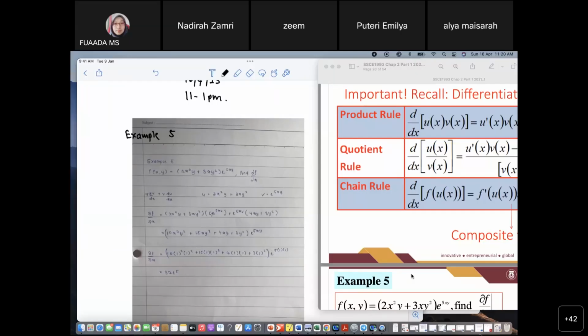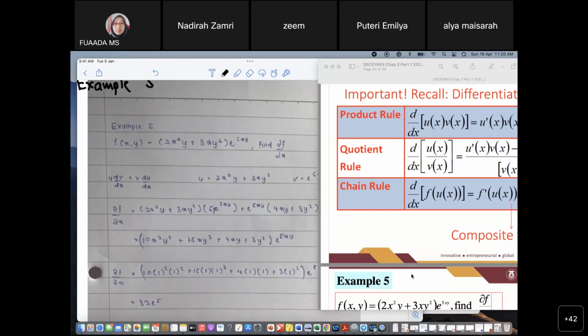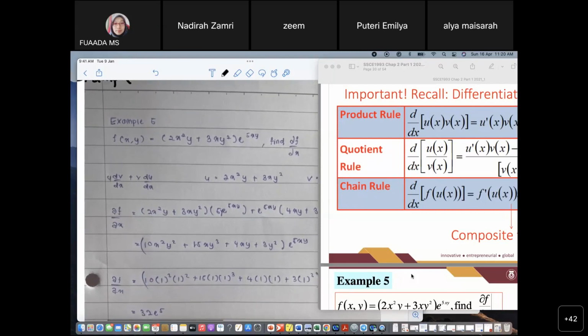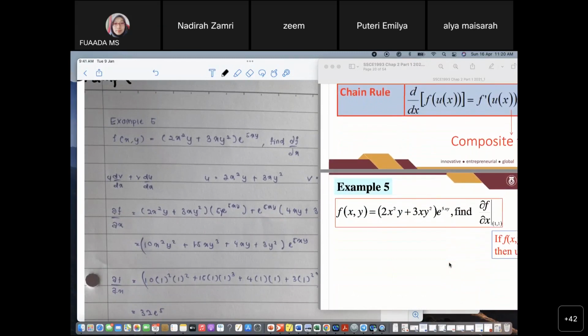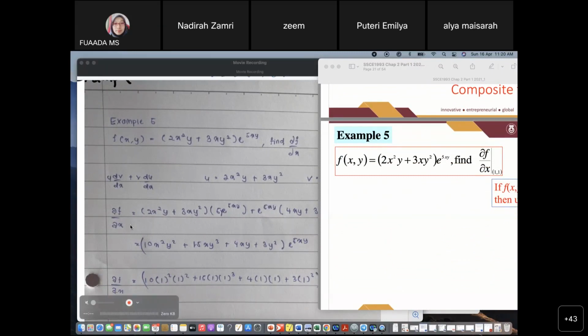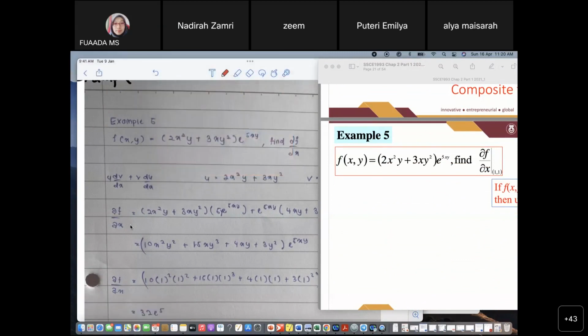Okay, so this is the work done by Azim. Let's stack them together. So we have this one. Here we apply the product rule. So this is the product rule. The u is the first function, and the exponent function is the v.